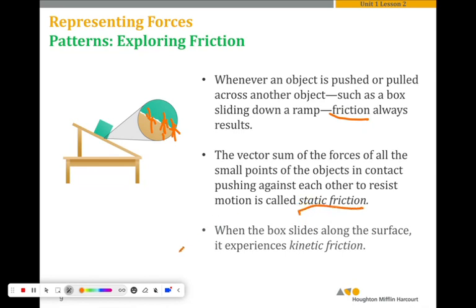So we say that's called static friction. When the box slides, it experiences kinetic friction, and that's what can cause heat energy to get released when objects experience extreme kinetic friction. So if it starts sliding, this energy is kinetic.